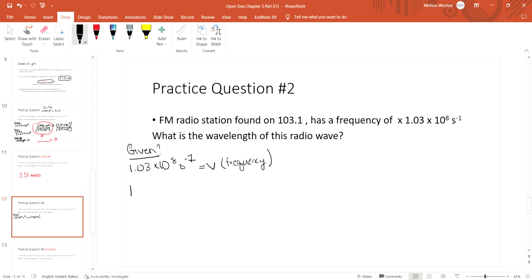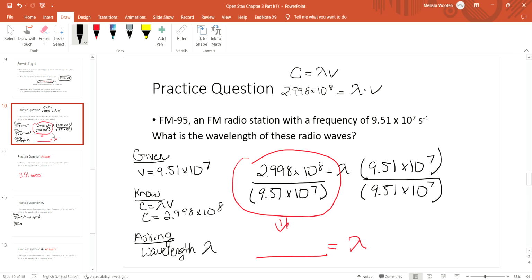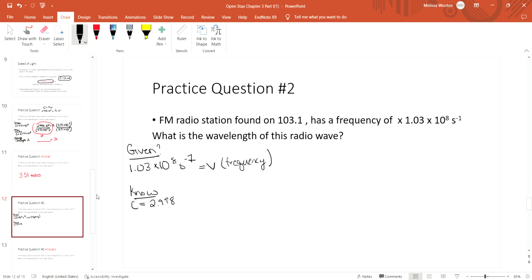All right, and what do I know? I know that the speed of light equals 2.998 times 10 to the 8th meters per second.